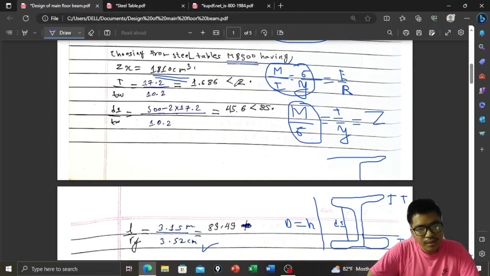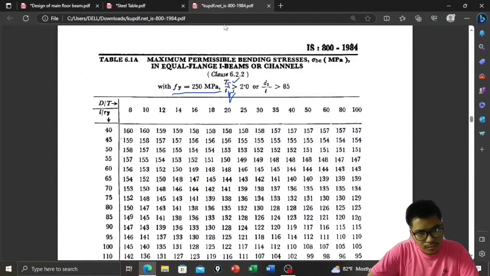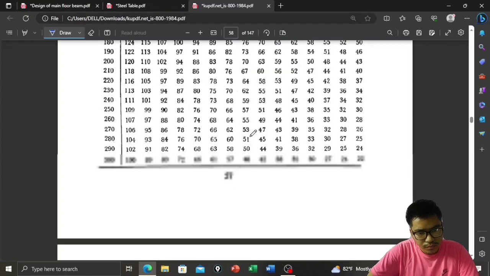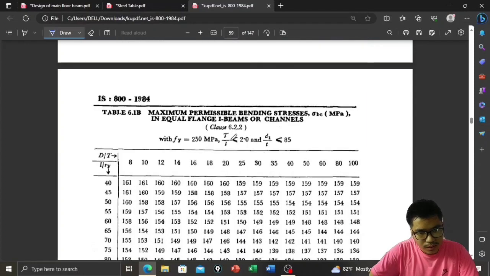This is less than 2. 1.686 is less than 2, and d1 by tw is also less than 85. So T by tw is less than 2. For T by tw, this is the case of greater than 2. So in our table, T by tw is equal to or less than 2.